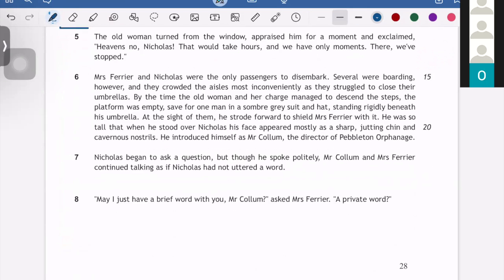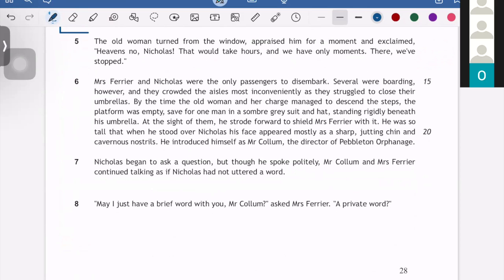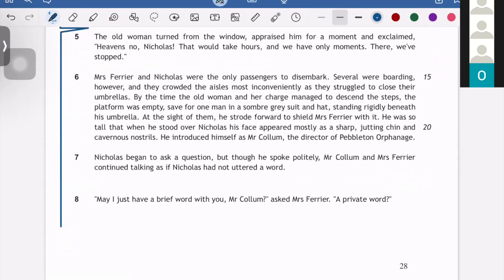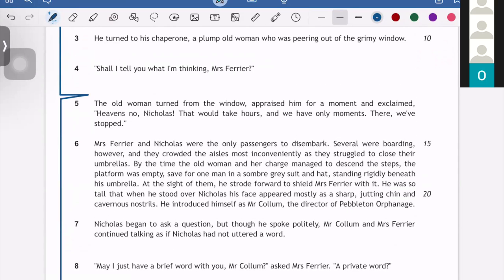Next is paragraph 5 all the way to 9. Five to 9 is neglected. So this is the adults' attitude and actions towards him.